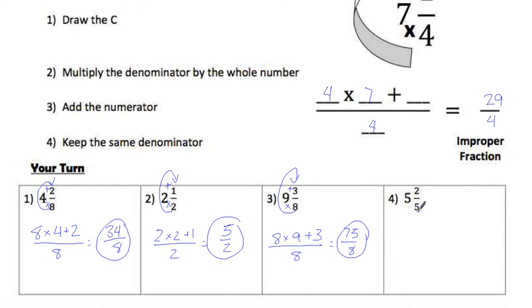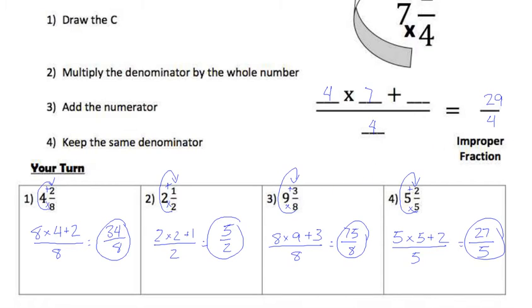Done. Draw the magic C, multiply on the bottom, add on the top. 5 times 5 plus 2 all over 5. And when I solved that one, you should have gotten 27 over 5.